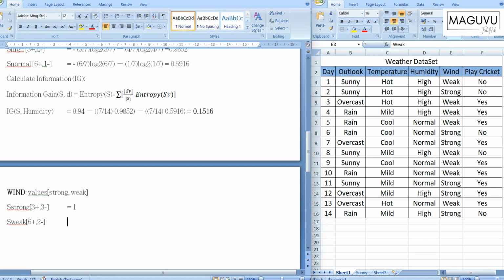We then do the substitution, and this will give us 6 divided by 8, which is the proportion that we have there, log 2 of 6 divided by 8, right?